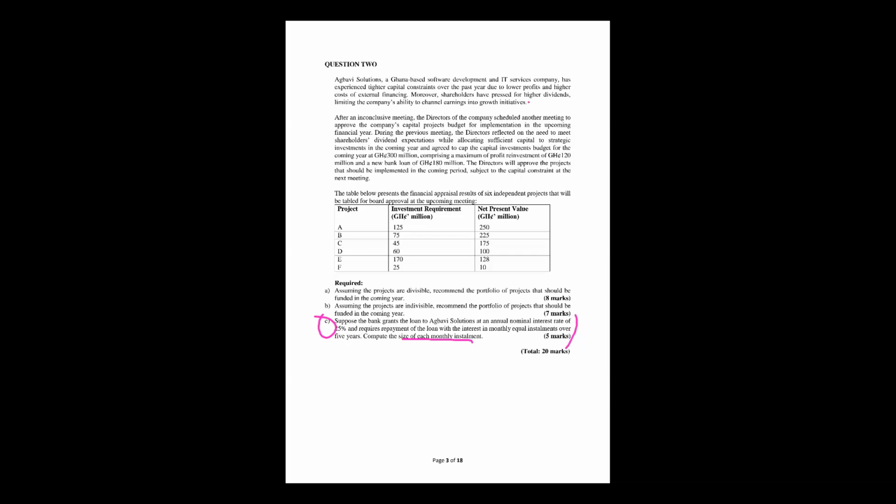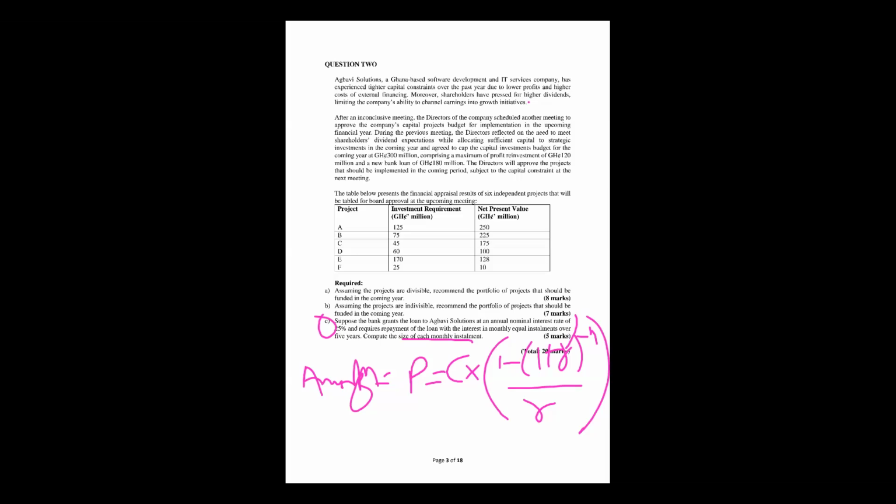The first thing I'll write on my question paper is the formula for amortization. So P equals the cash flow times the annuity factor, which is 1 minus (1 plus R) exponent negative N, all over R. I'll write this down.